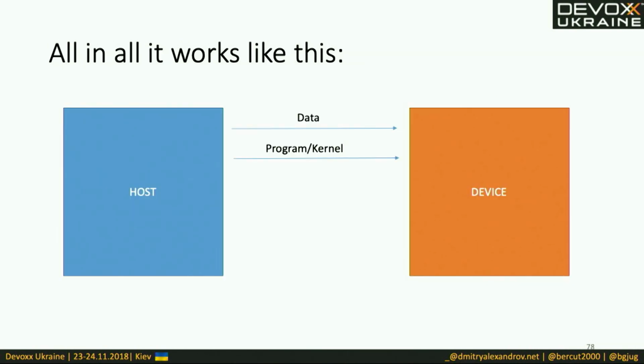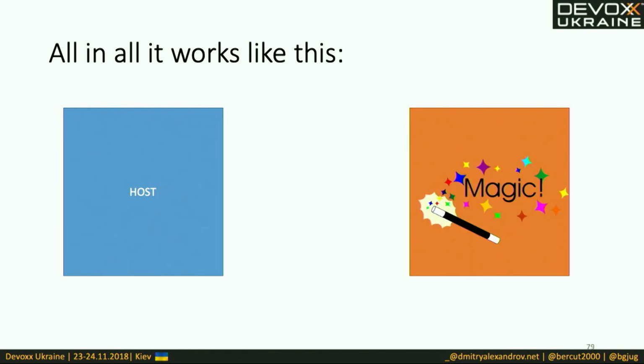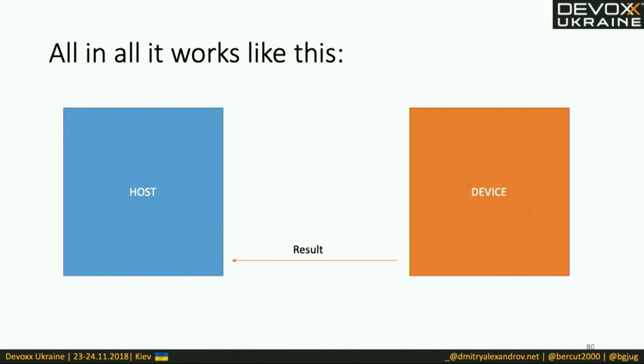And most of the time, working with pure OpenCL is like this. You still have a host device, which is controlling the process. And then you have the compute device, where you send the data and the program which you have to run. Then asynchronously, it processes something for you and gives you back the result.